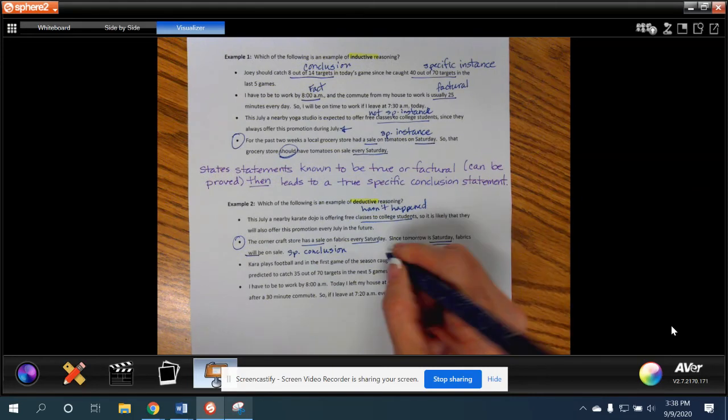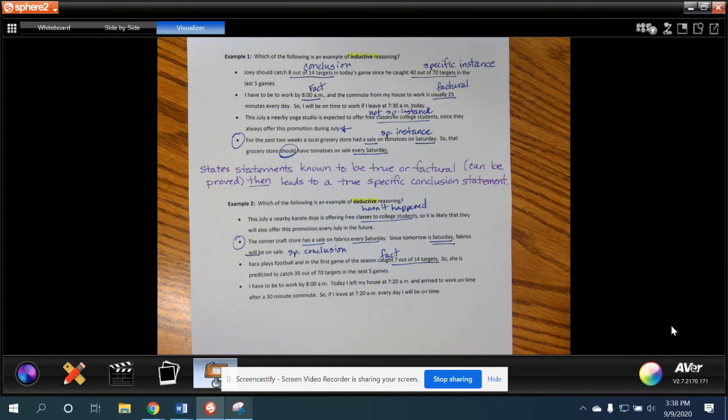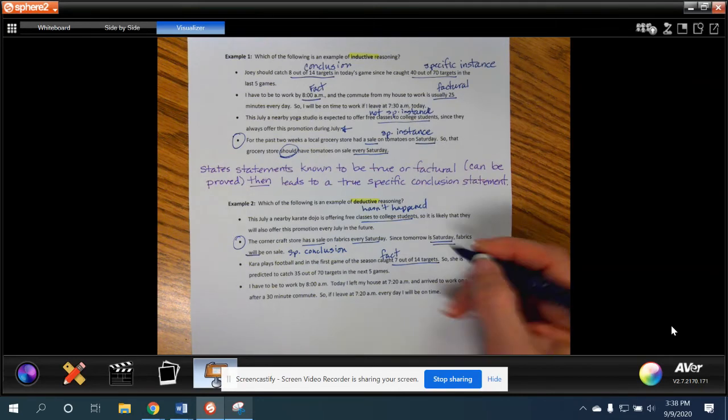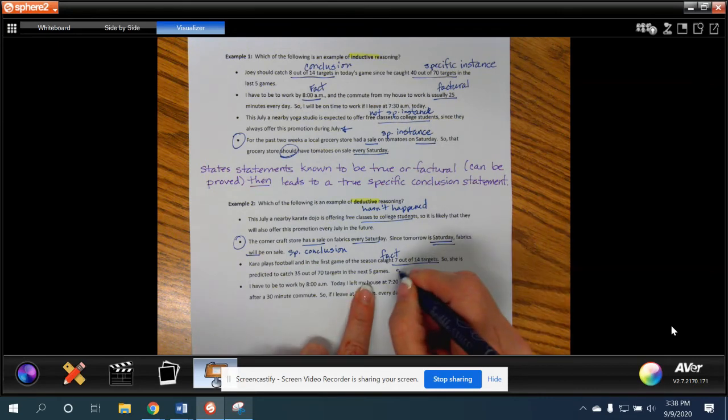Okay, this could be a factual statement. It can be proven because it's already happened. So we're good with the first part. So she is predicted to catch 35 out of 70 targets in the next games. So it is a conclusion statement, but it's not specific enough.